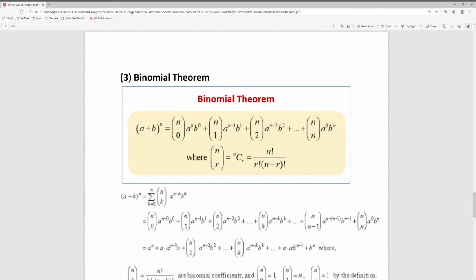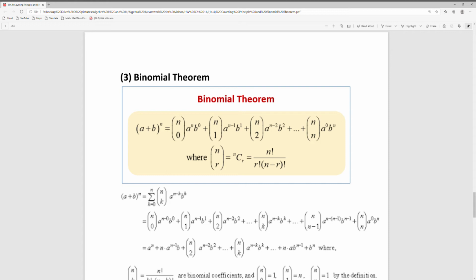Now, the third video for chapter 14, section 4. Earlier, we had a video for permutation and a video for combination, and this is the third video. Using the combination concept, we can develop the binomial theorem.